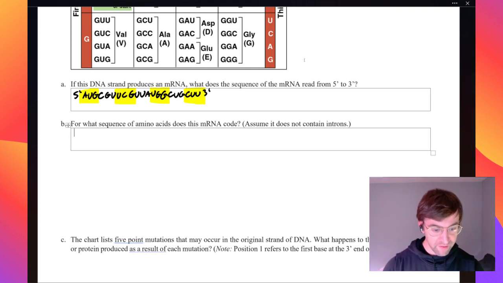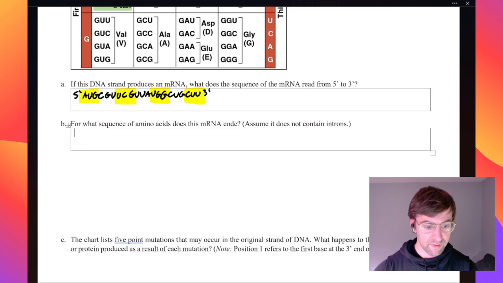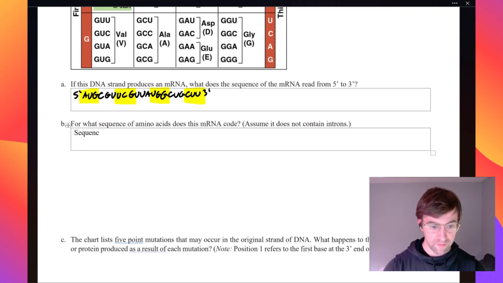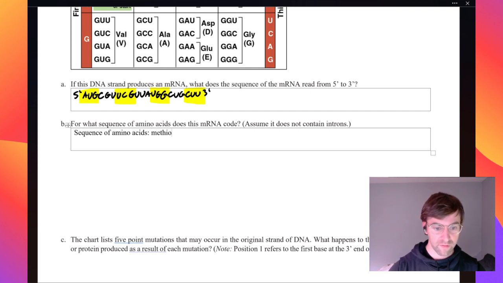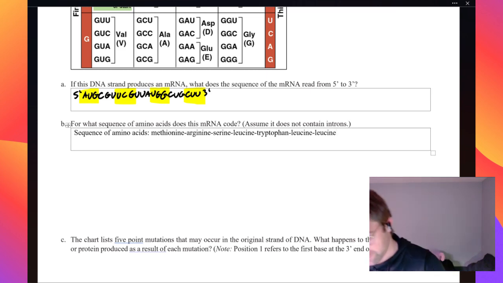So the sequence of amino acids that these codons code for would be methionine, arginine, serine, leucine, tryptophan, leucine, and leucine.